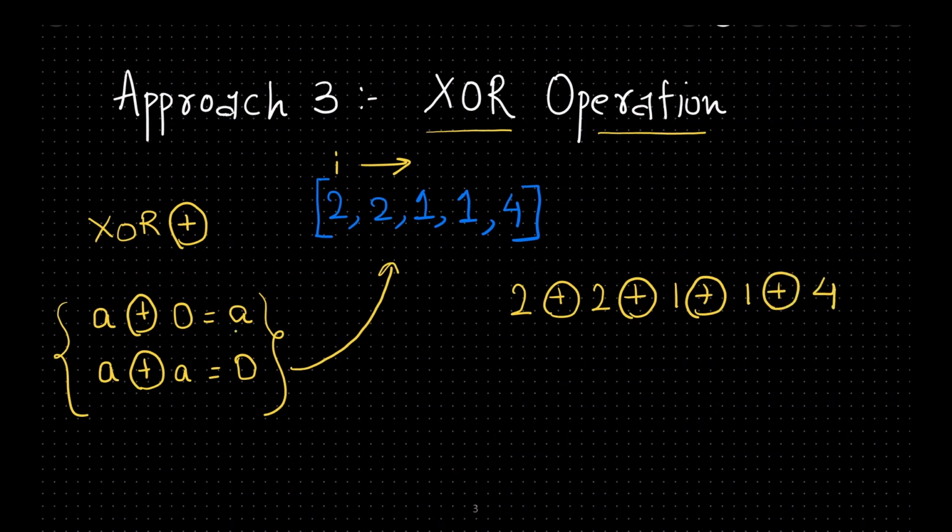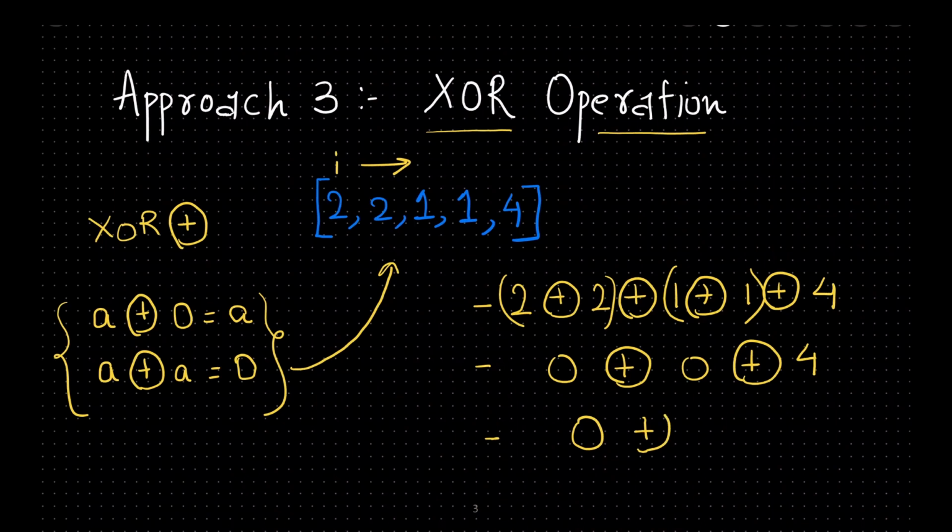Now applying the 2 rules of XOR operation to this equation, we get this simplified equation. Further simplifying, and finally we get our single number, which is our output.